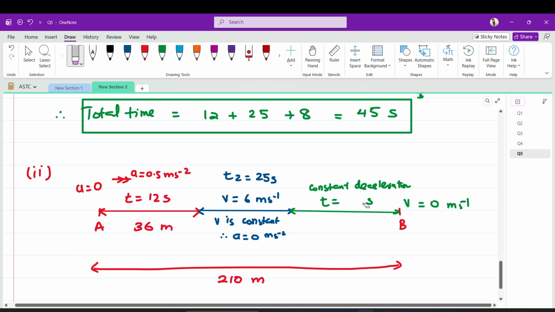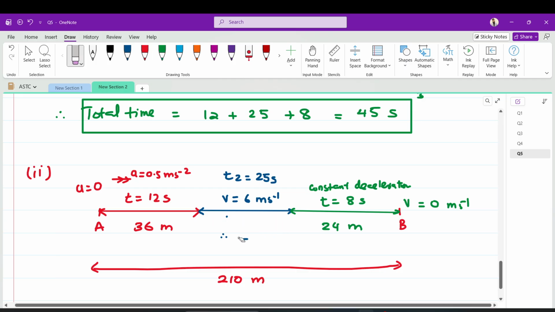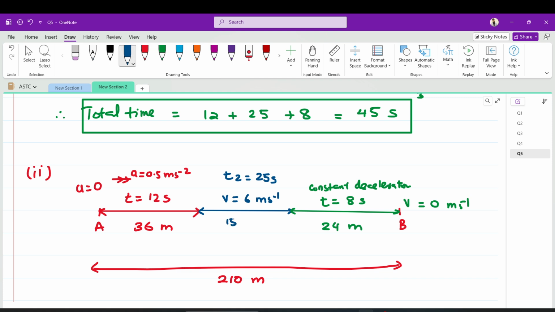And in this region we know that time is 8 seconds. What else? We know that the distance over here is 24 meters, and the distance over here was 150 meters. And we also know that acceleration is 0 because the velocity is constant. What else do we know? I think that's pretty much everything. We know everything.